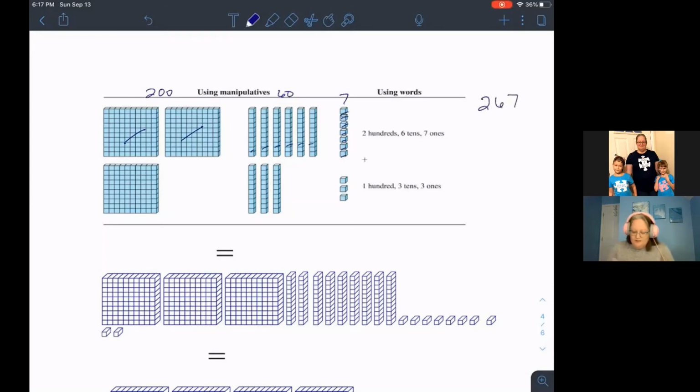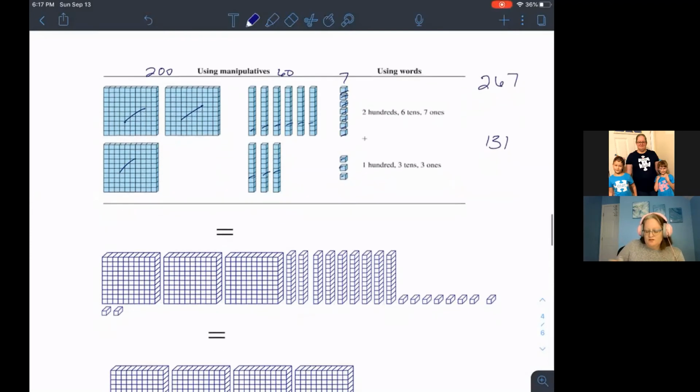And you're adding to it 131. So what it's doing, it shows you have 200 plus 1 hundred will give you 3 hundred blocks.